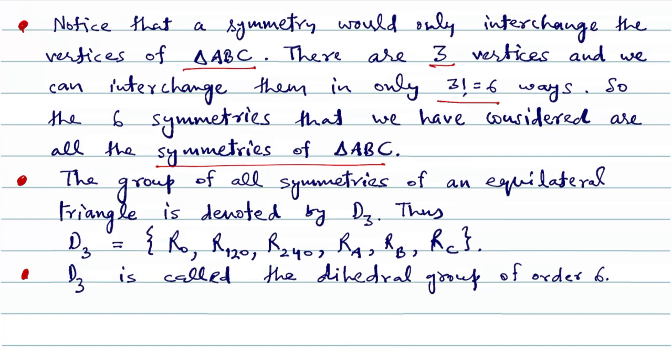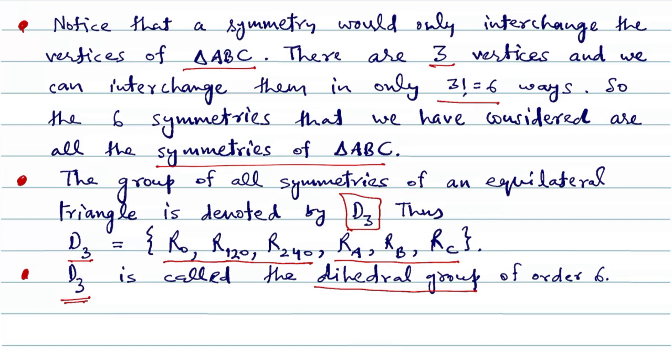The group of all these symmetries is denoted by the symbol D3. So D3 contains 3 rotational symmetries and 3 reflection symmetries of this triangle ABC. We call D3 the dihedral group of order 6.